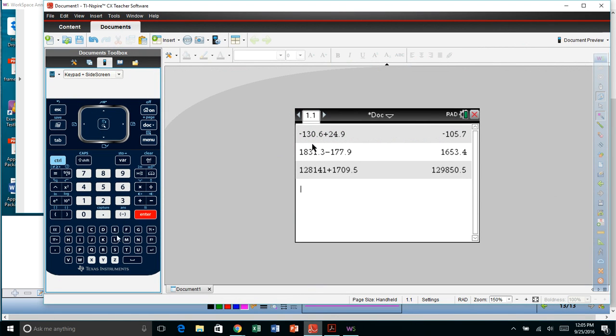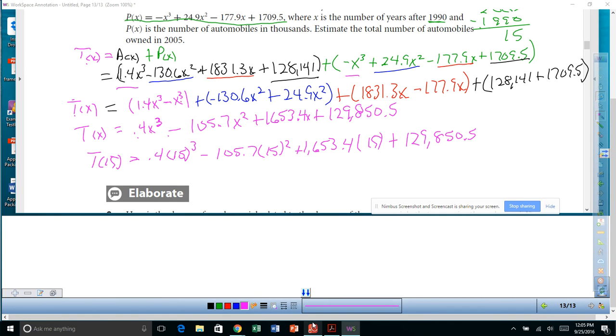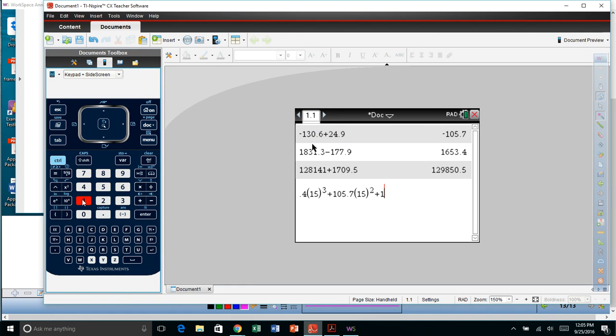You got 0.4 times 15 to the third power plus 105.7 times 15 squared plus the next term, 1653.4 times 15, plus, and then the last term was 129,850.5.